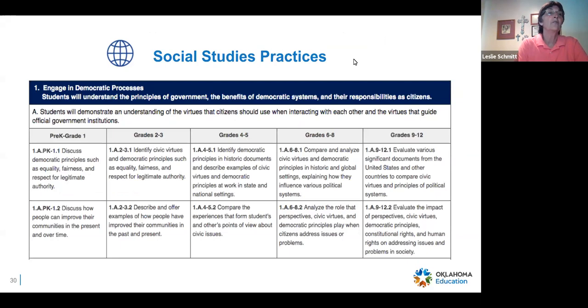Again, you'll notice the same process: the grade level, the standard, the specific objective, and then it breaks it down into grade levels, pre-K through 1st, 2nd through 3rd, 4th and 5th, 6th through 8th, and 9th through 12th. And that objective is framing the standard at the top.